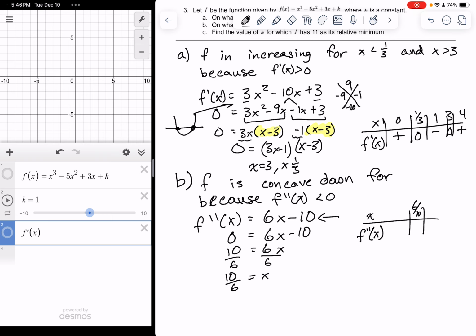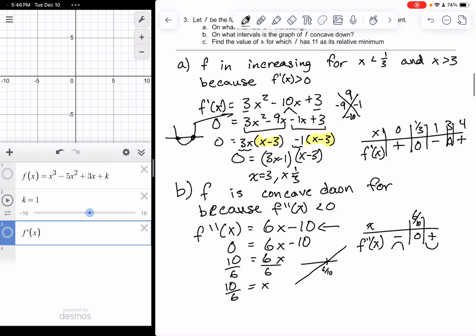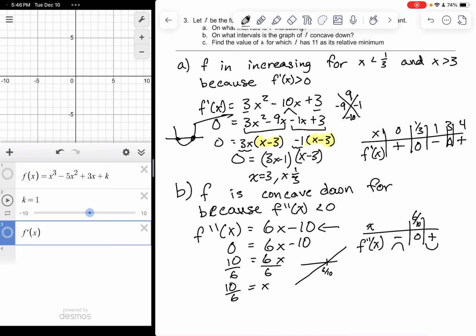Since this is a linear graph and it's going to cross at 6/10, before it's going to be negative and after it's going to be positive, which means it's concave down before, concave up after. So we would say it's concave down for x less than 6/10.